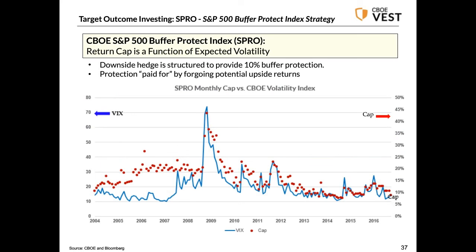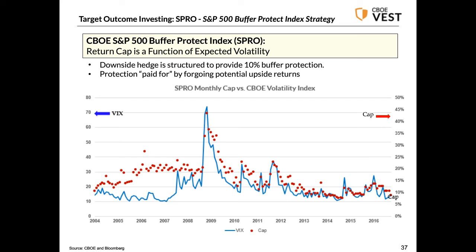I think that investors that look at this type of strategy understand it better if they're looking at this type of chart. So this shows the cap. This shows where you're capping returns historically to pay for this downside buffer protection hedge. And what you see here is that the cap gets higher in the volatile years of 2007 to 2010. The cap that you would need to get buffer protection is very high, so you have more upside.